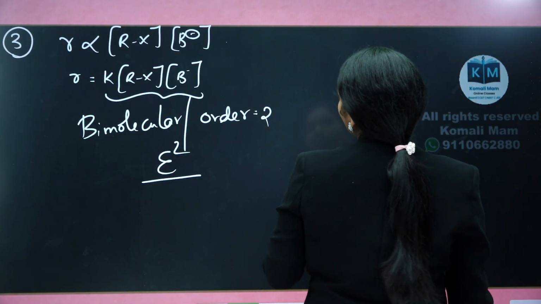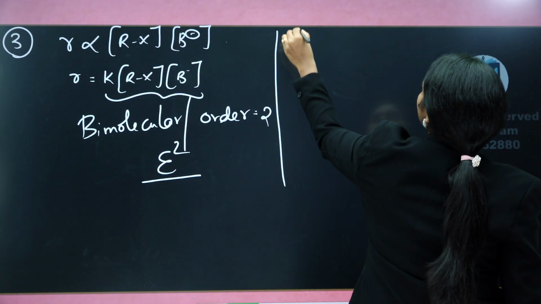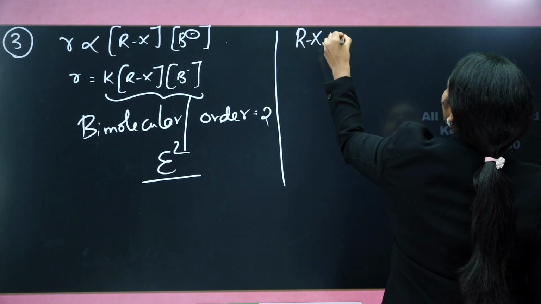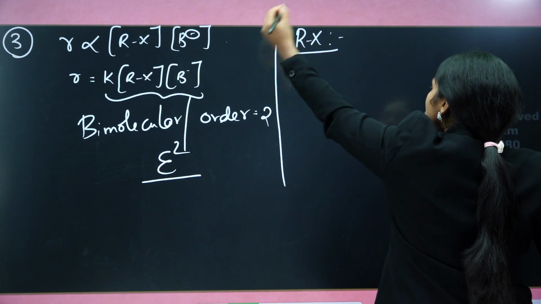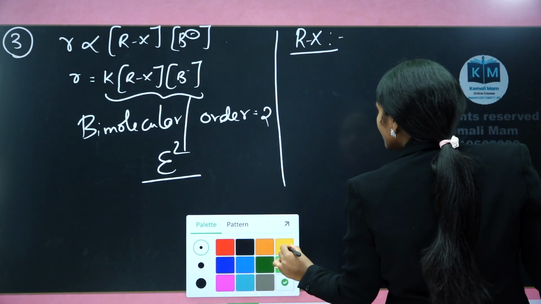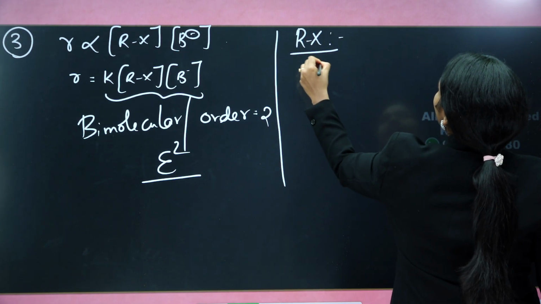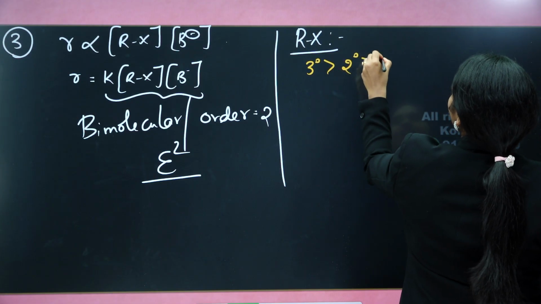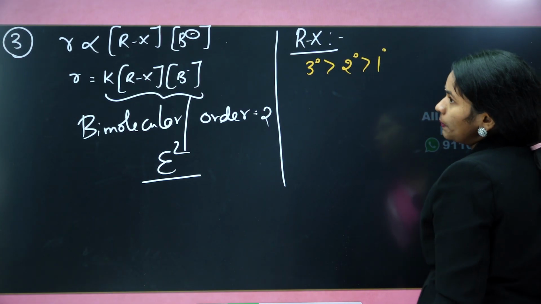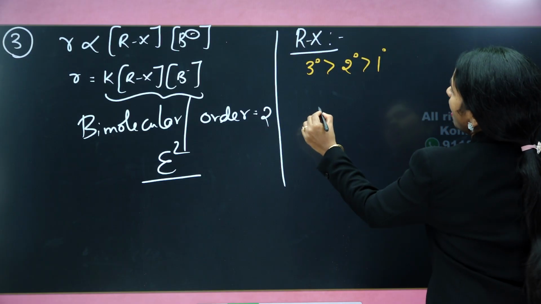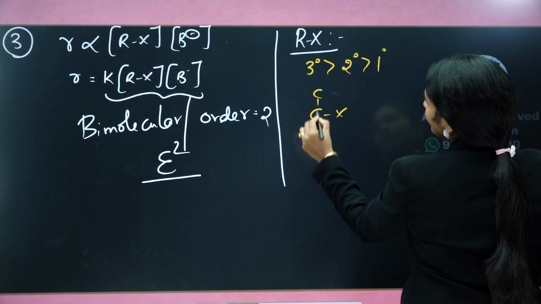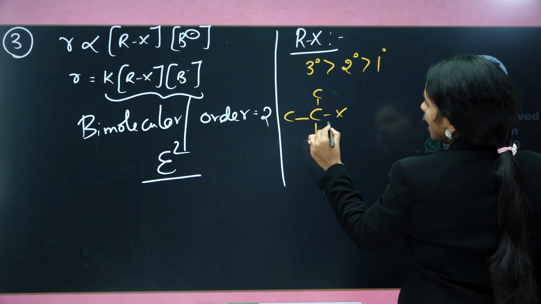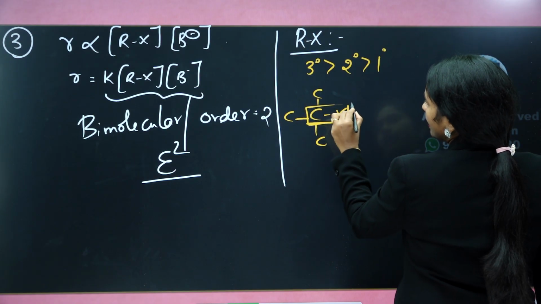Bimolecular elimination reactions. They will ask you the reactivity of alkyl halides. Which alkyl halide undergoes this reaction faster? Tertiary greater than secondary greater than primary. What is tertiary? See this carbon, the alkyl halide connected carbon.